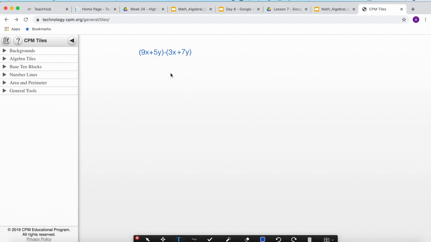So this is where kids are just going to subtract 3x and then they're just going to add 7y. And we want to reinforce this idea of distributing the negative. So first, let's just represent that first part of the expression, 9x plus 5y.